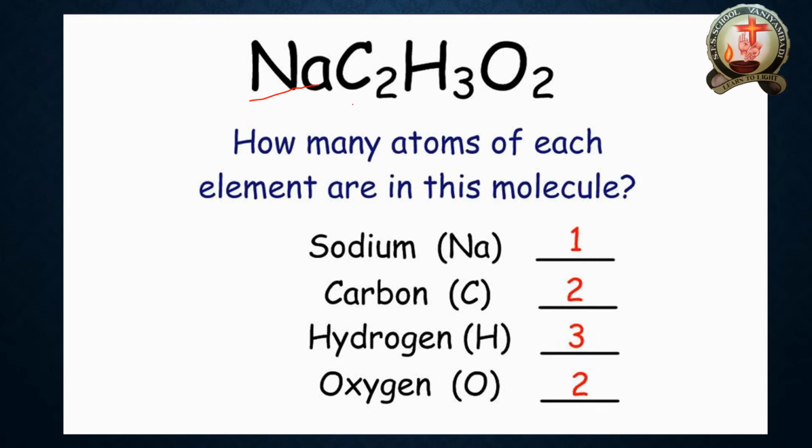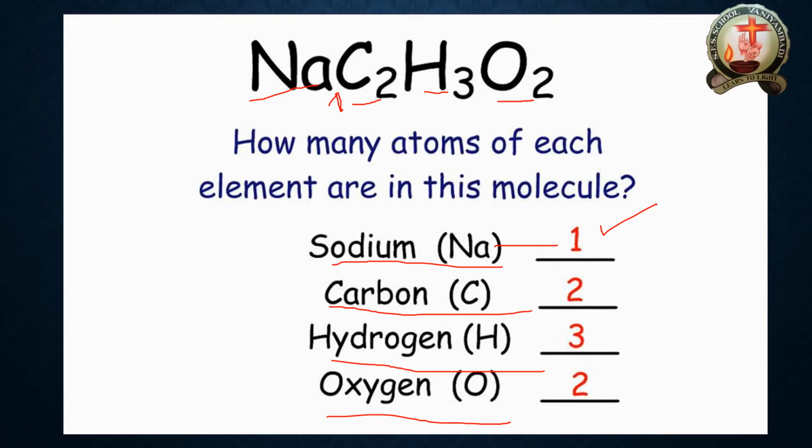Sodium, carbon, hydrogen and oxygen. Okay, now I have written the names: sodium Na, carbon C, hydrogen H, oxygen O. Now I am going to see the subscripts. Is any subscript there near the sodium? No. So I can assume this is 1. So near the sodium I can write 1.